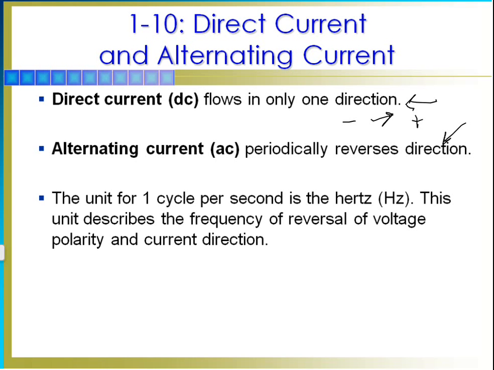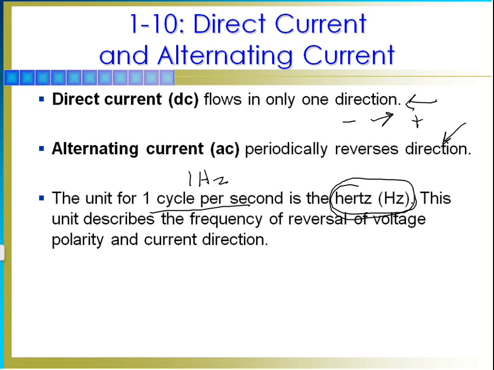So that interval in American households is 60 cycles, or it will cycle 60 times per second. Okay, and that is measured in frequency. We measure it in hertz. So 1 hertz is 1 cycle per second.